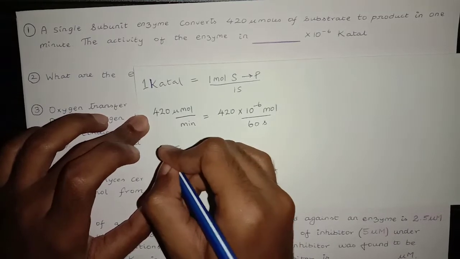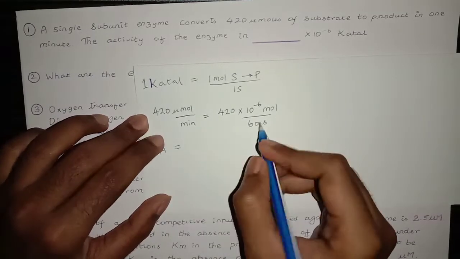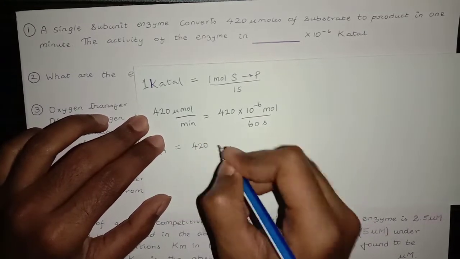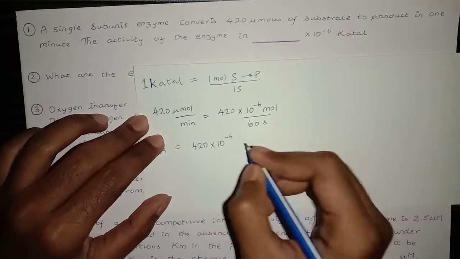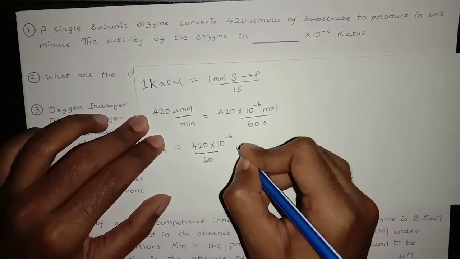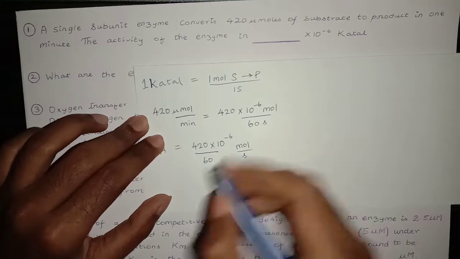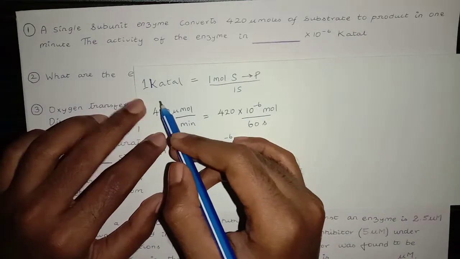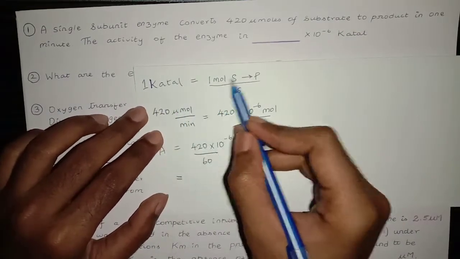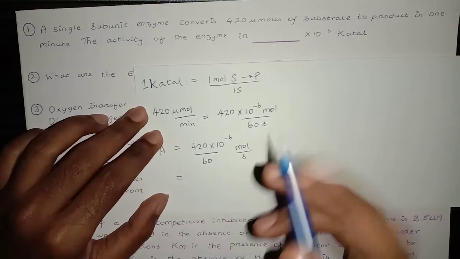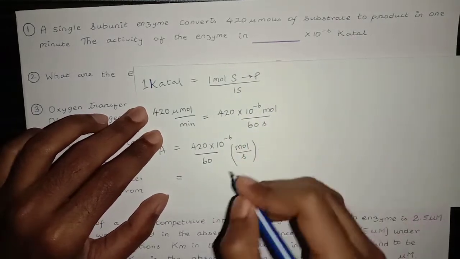So the activity A is equal to 420 into 10 raised to the power negative 6 over 60 mole per second. We have initially defined that 1 katal is 1 mole of substrate converting to product per second. So it's nothing but mole per second. So it's katal.